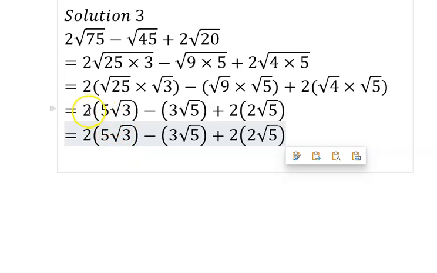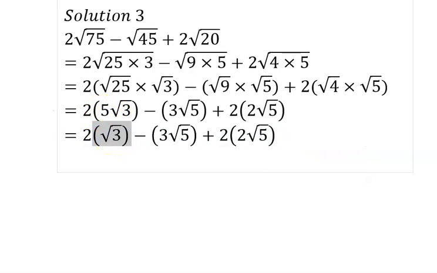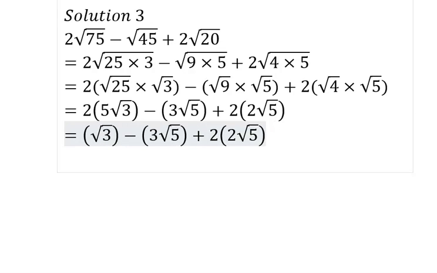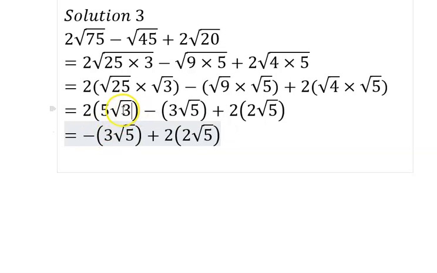Now 2 times 5 here will give us 10. That means we have 10 root 3 here. So here we have 10 root 3. Let's see what we can do.